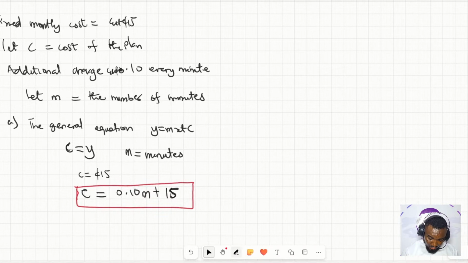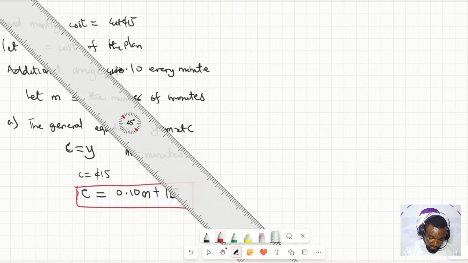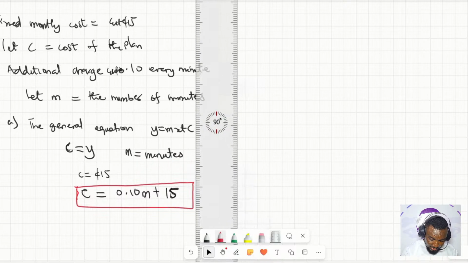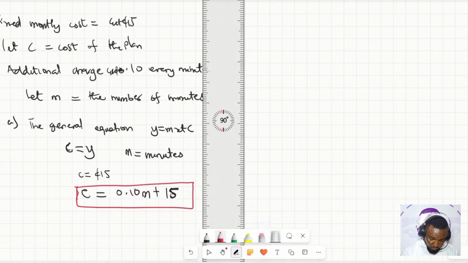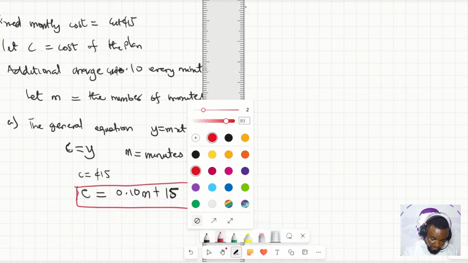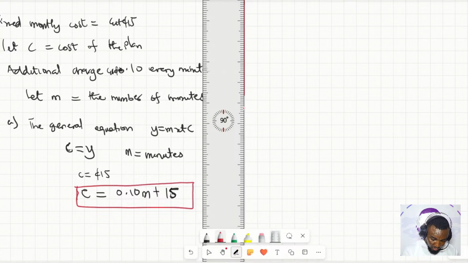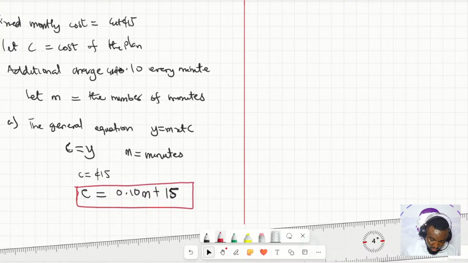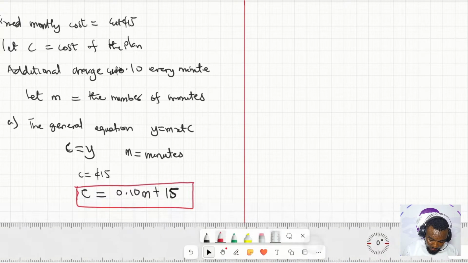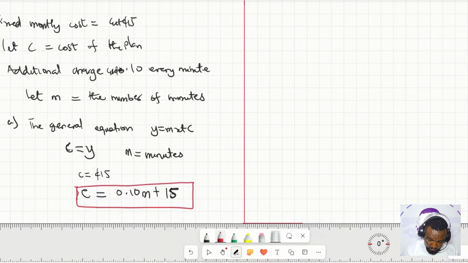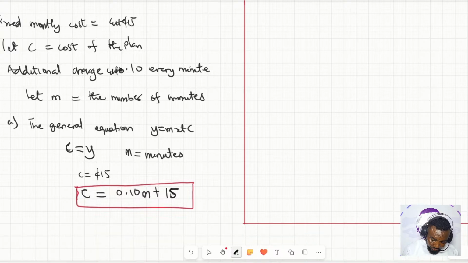Let me leave this here so that we can draw our x-axis. You see, these are opposite points, so we don't need to worry ourselves by having negative. So we draw our y-axis, and then we draw our corresponding x-axis, right? Okay. So we could pick from 20, because it's up to 200.